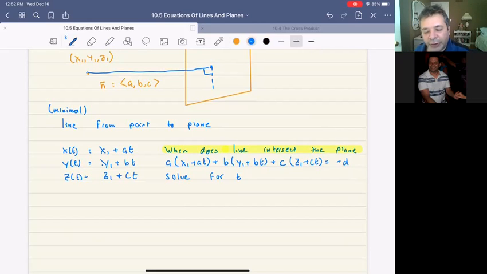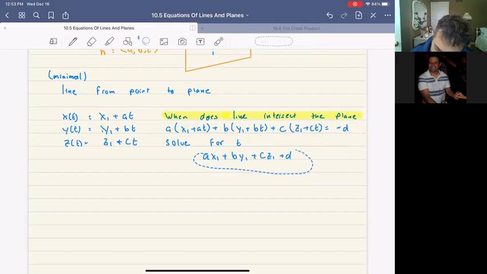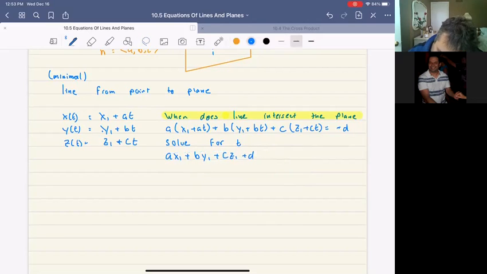Okay, solve for t. So we're going to get ax1 plus by1 plus cz1. Let's put plus d here again. Plus, now we're going to have t times a squared plus b squared plus c squared equals 0.